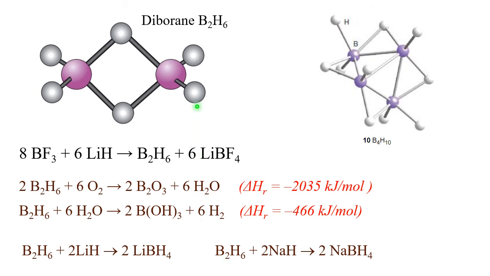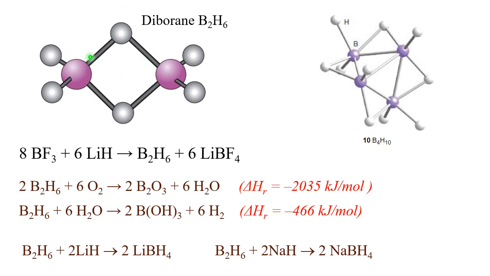Very interesting compounds are compounds of boron with hydrogen. BF3 trifluoride reacts with lithium hydride to give the compound B2H6 instead of simple BH3. This compound doesn't have a boron-boron bond.